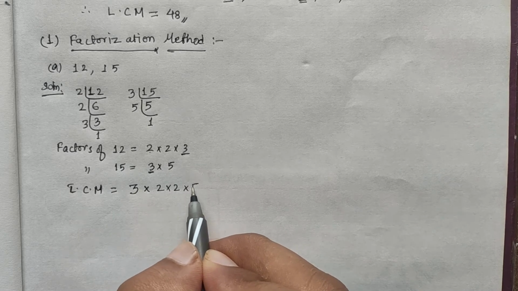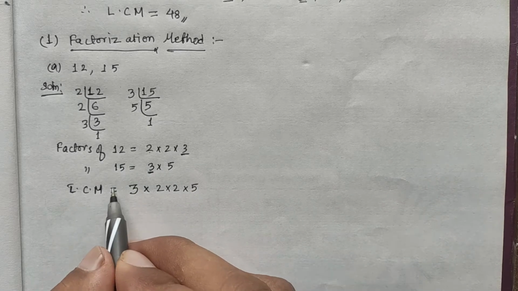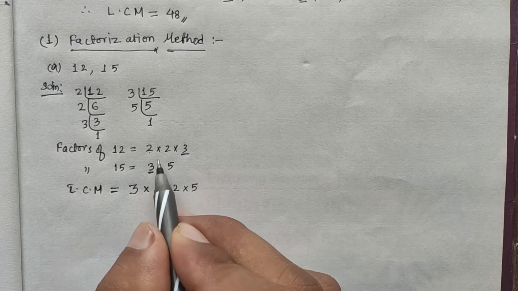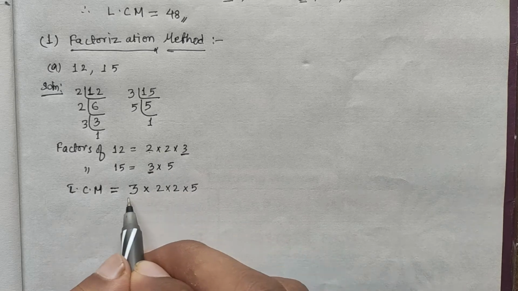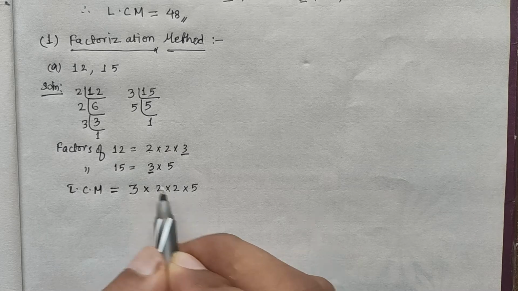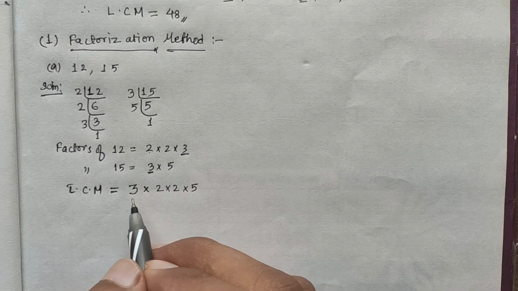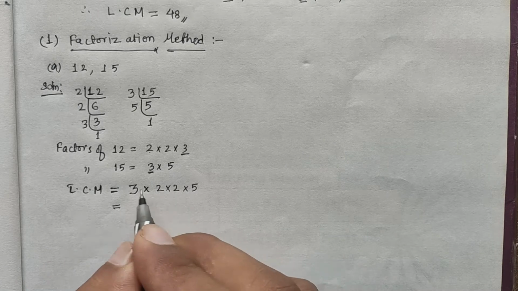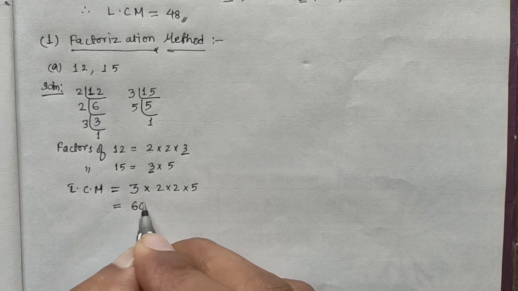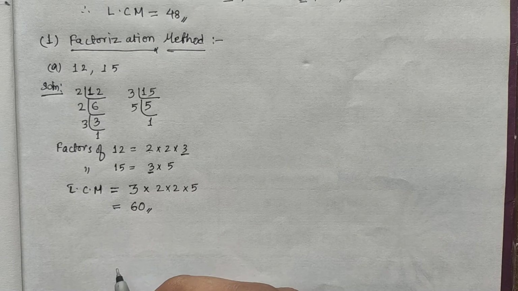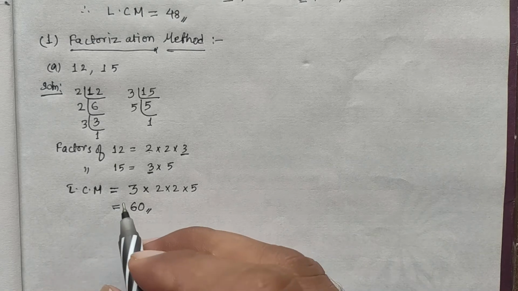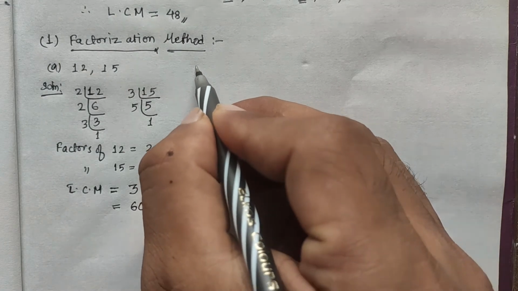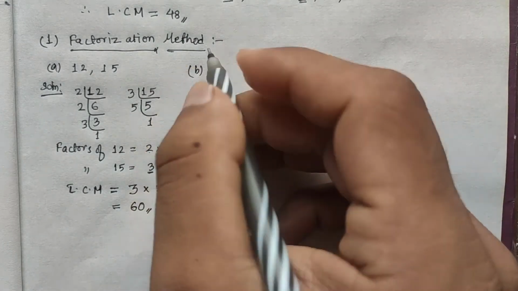Remaining is 5. So in LCM, it means the common and the remaining ones. You have to write the common first and then write the remaining in both of the numbers. So that is your LCM. When we multiply it, 5 times 2 is 10, 3 times 2 is 6, it becomes 60. That is your LCM. Let's see another example of the factorization method.